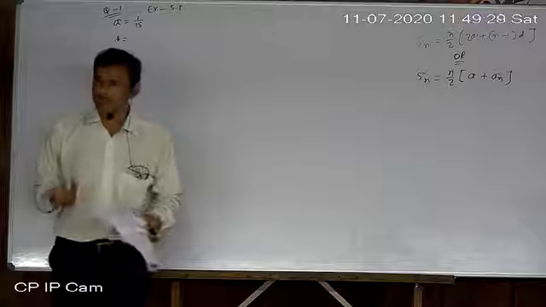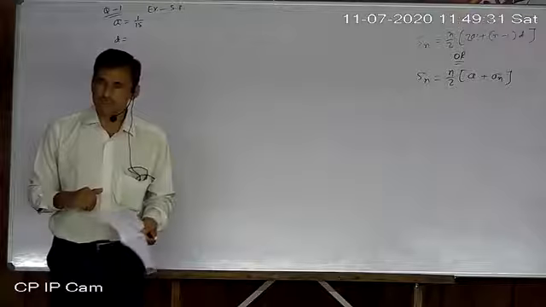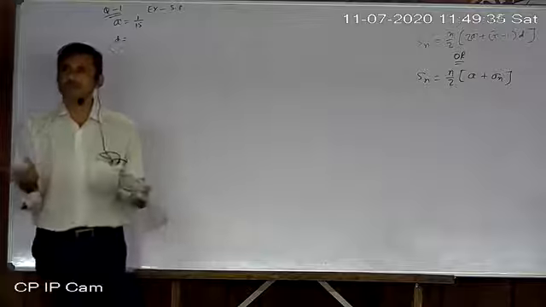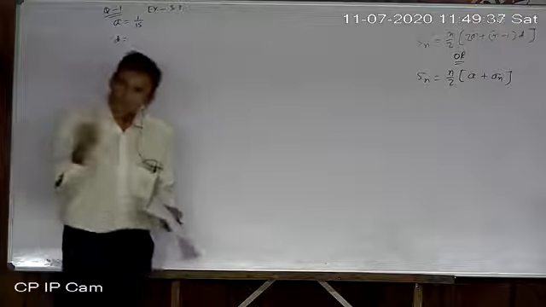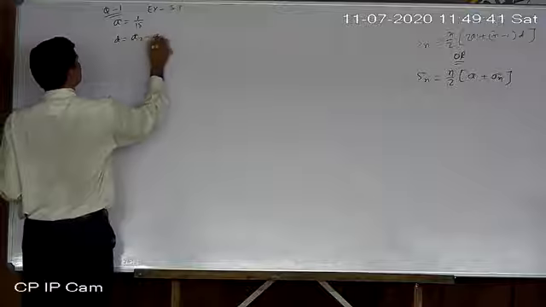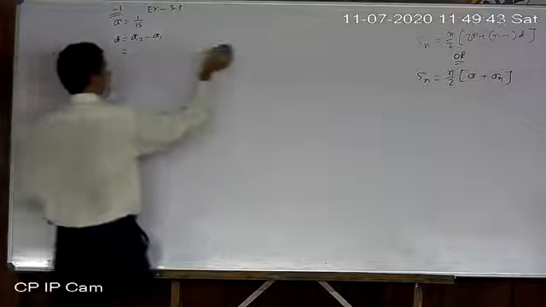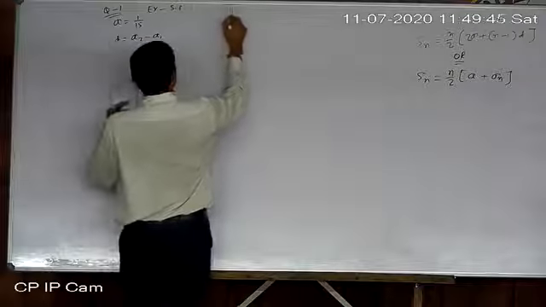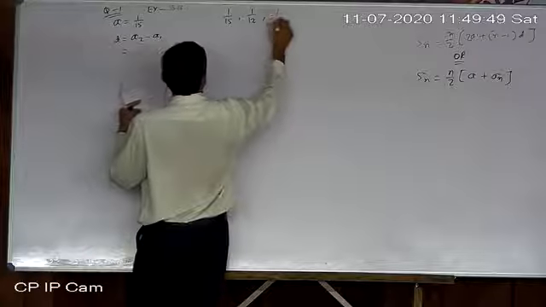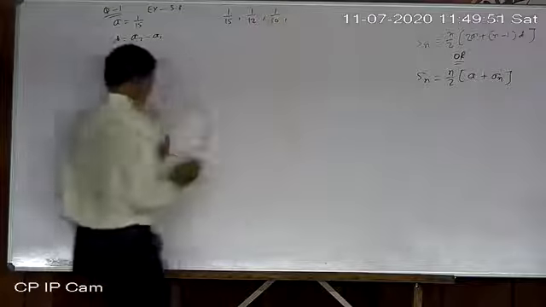Whenever fractions or even negative numbers are there and I am not capable of finding the difference orally, at that time I always find d by a2 minus a1, meaning second term minus first term. Our progression is 1 upon 15, 1 upon 12, 1 upon 10, like this.